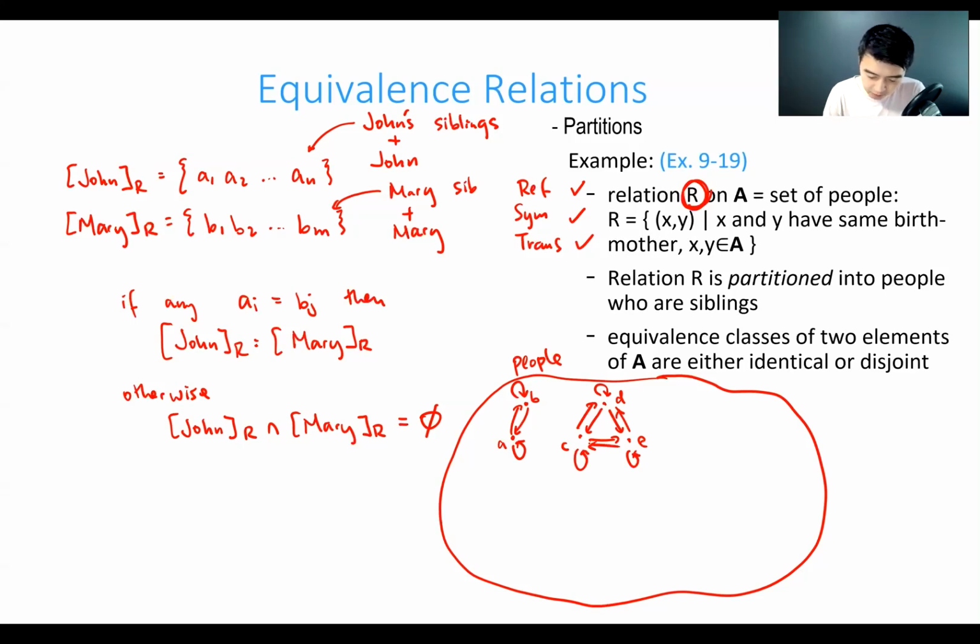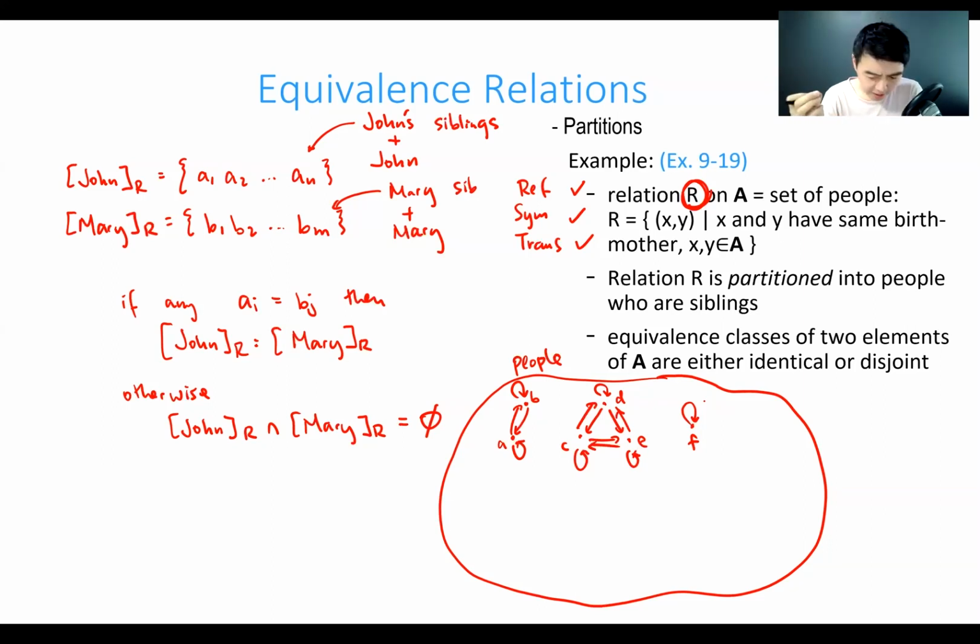But can you have an only child? So let's say we have F, who is an only child. So the kid F is now going to be related to himself or herself, but nobody else. So here's a question, and you can think about it. Can an equivalence class be empty? Can you have an empty equivalence class?